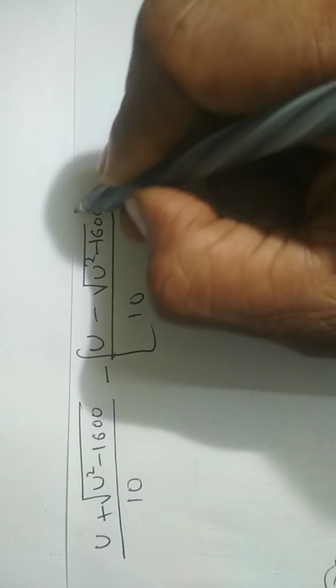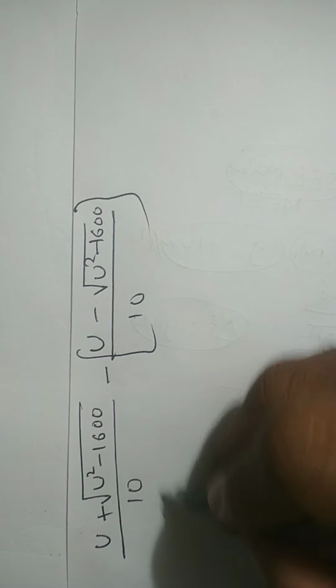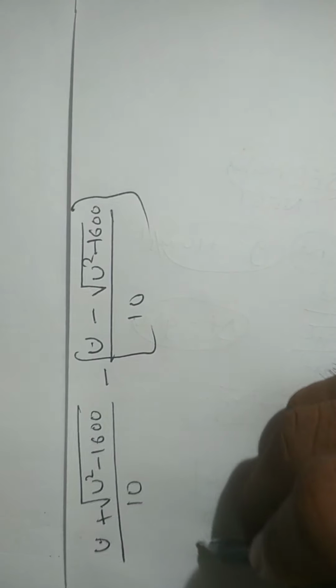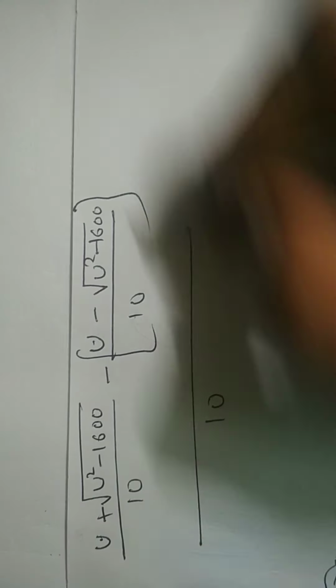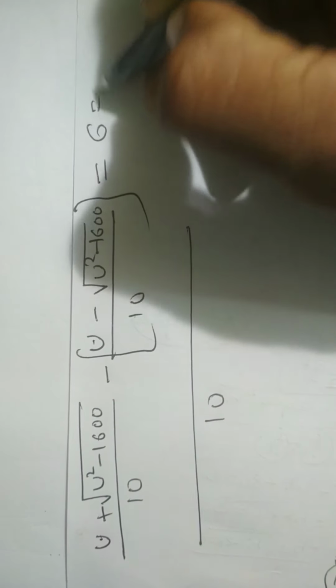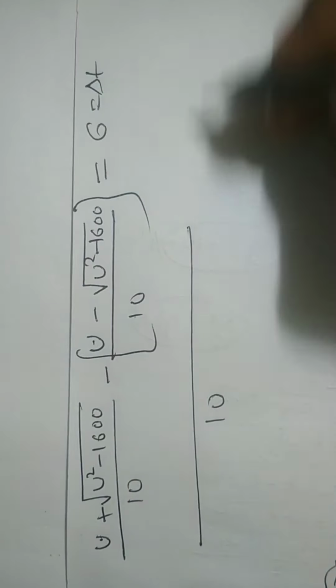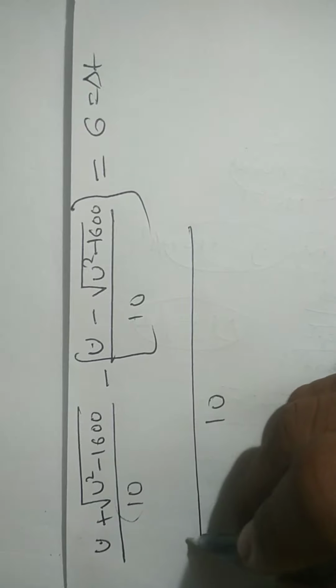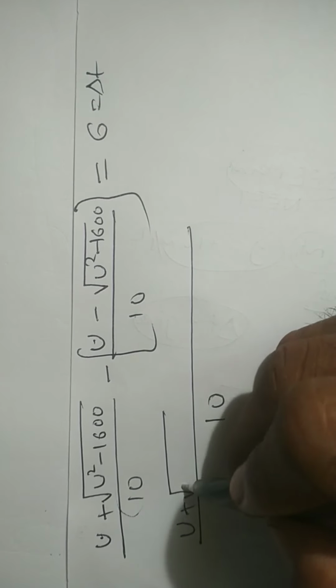I have to open these brackets. How do I open the brackets? This u and this u will get cancelled, so it's a common LCM 10. This whole thing is equal to 6, equal to delta t. They are given in the question. Okay, u will get cancelled. I'll open the brackets. I'll solve each and every step.